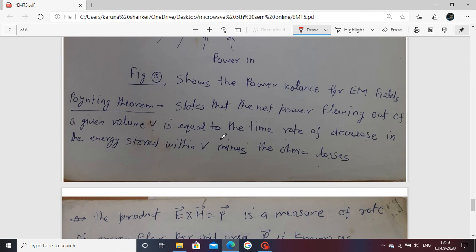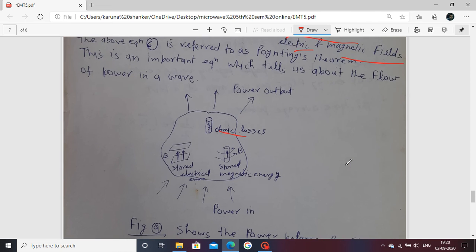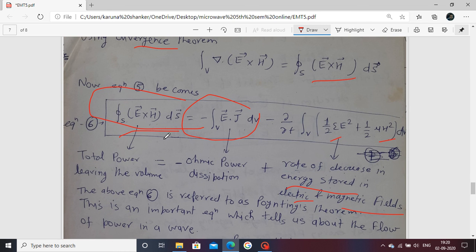The statement written here is that net power flowing out of a given volume V is equal to the time rate of decrease in energy stored within the volume V and the ohmic losses. You can also say Poynting theorem: total power leaving the volume is equal to ohmic power dissipation and rate of decrease in energy stored in electric and magnetic field. That is your Poynting theorem. Means the statement is very important.